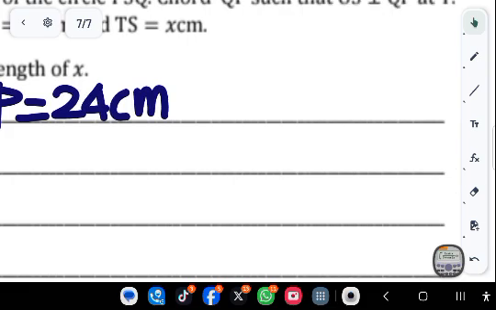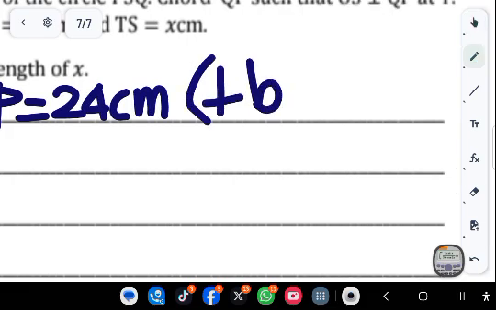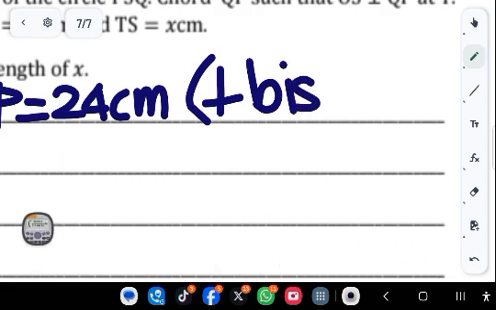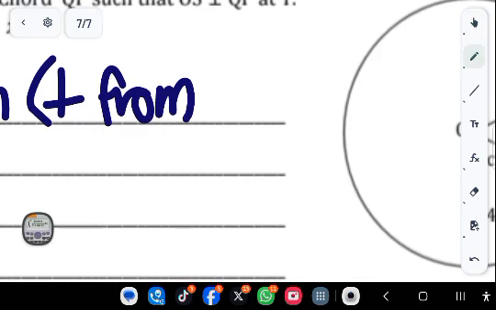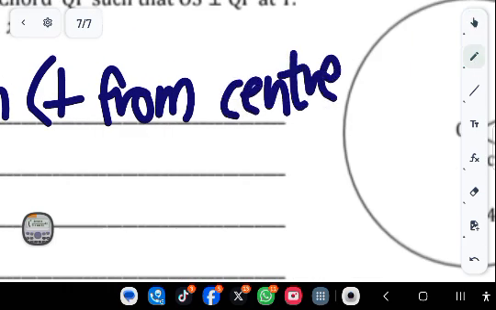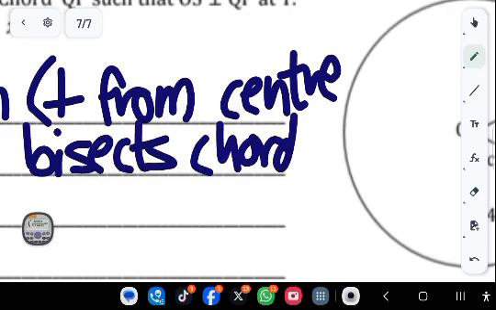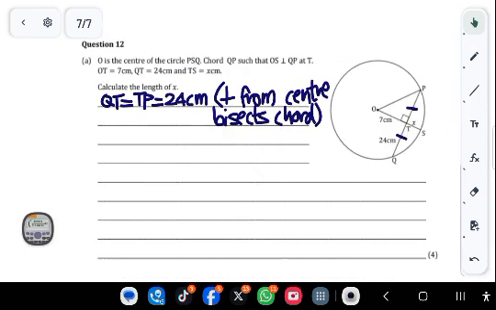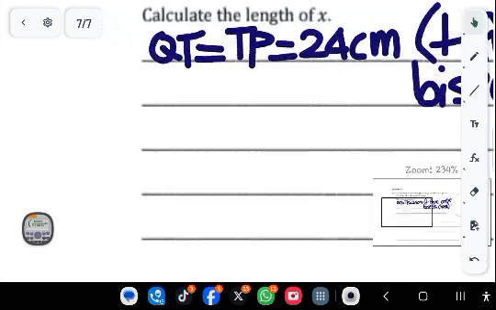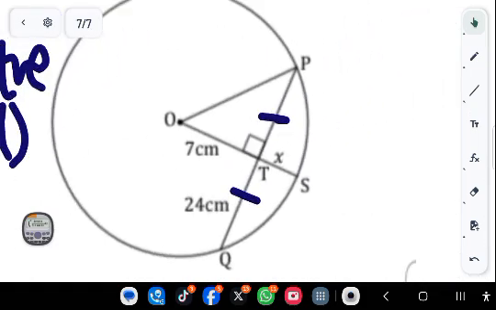Reason: perpendicular from center bisects chord. So if this is 24 centimeters, then TP will also be 24 centimeters.